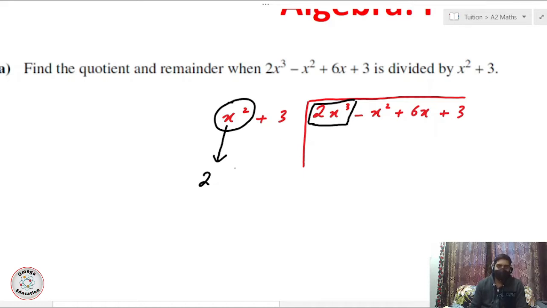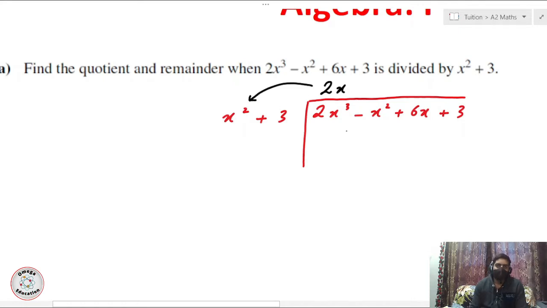Now, I know that it is 2x. So basically, if I multiply 2x with x squared, then I get 2x cubed. This is the first thing that you need to start with. Now, if you struggle with it, if you're not mentally advanced enough in terms of this concept, there's a manual way for it as well.